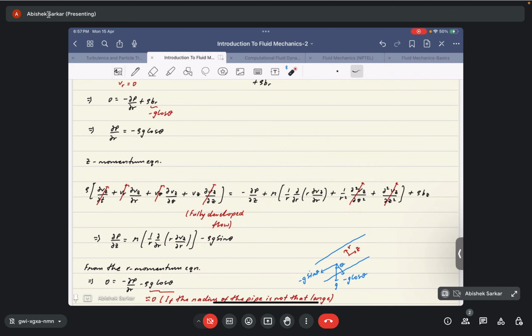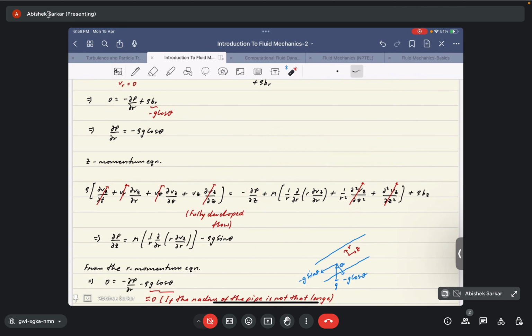I'm sorry if I'm going a bit fast, so let me repeat: vz is a function of r because vz is not a function of theta because of the axisymmetric assumption, and vz is not a function of z because of the continuity equation.